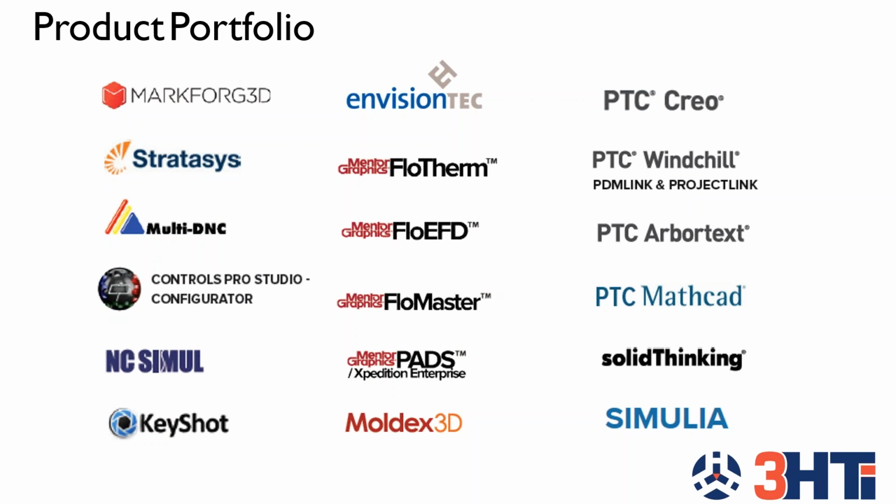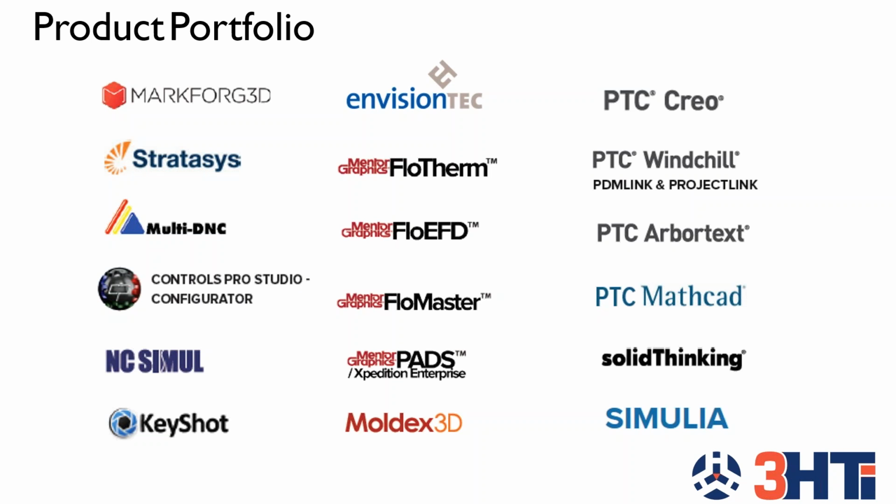So we sell a whole bunch of products, as I mentioned. We sell Markforged, we sell Stratasys, we sell Envision Tech, and we're going to talk about Markforged and Envision Tech today. We just had a request for information from Venezuela, for example, for multi-DNC, which feeds numerical code to the machine tools.